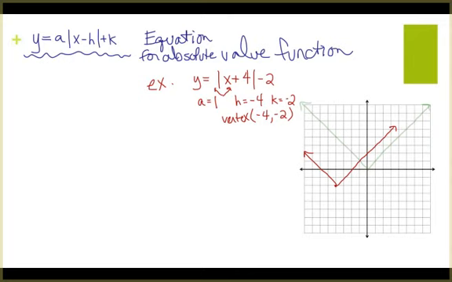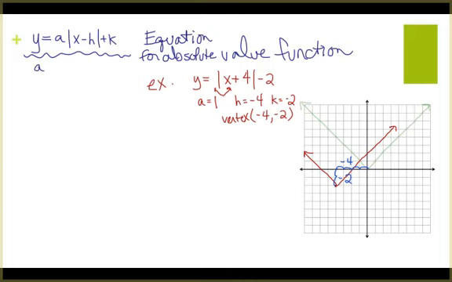So what happened is it moved 1, 2, 3, 4 to the left, and it moved 2 down. We call that a translation. That's one kind of transformation. So that's what the h and k do. Let's go back up to the formula now, and write in what they do.